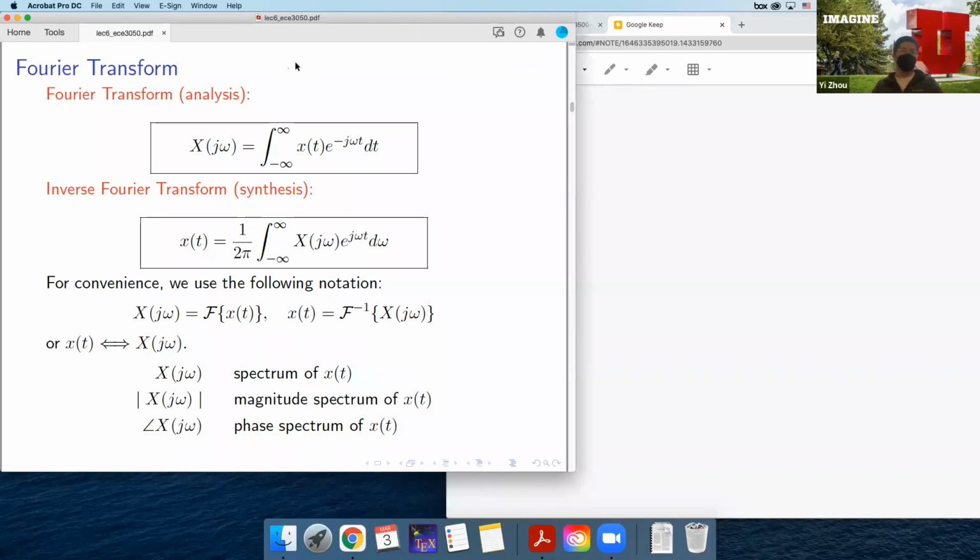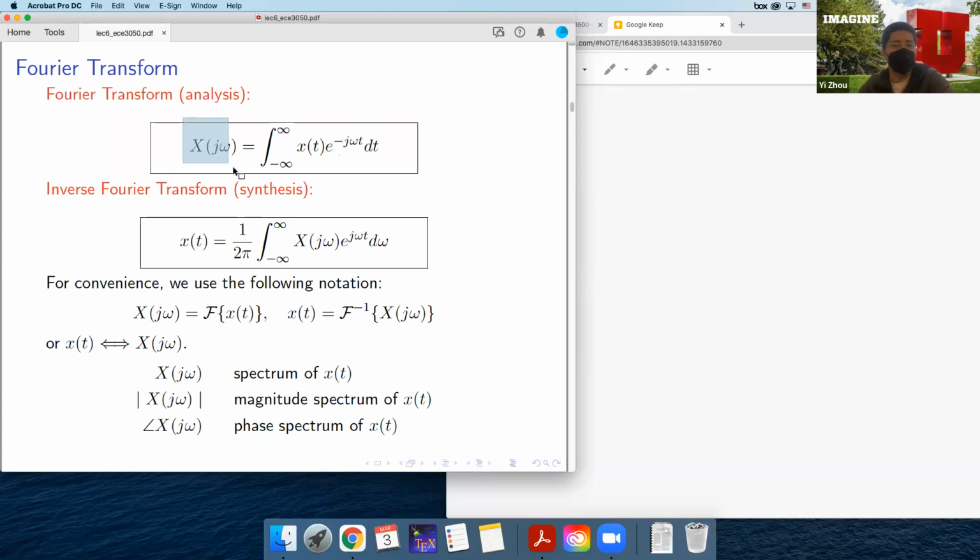Okay, so let's continue talking about the Fourier transform. This is the Fourier transform that we just introduced. Mathematically, this evaluates the projection of your signal of interest onto this complex exponential Fourier basis.